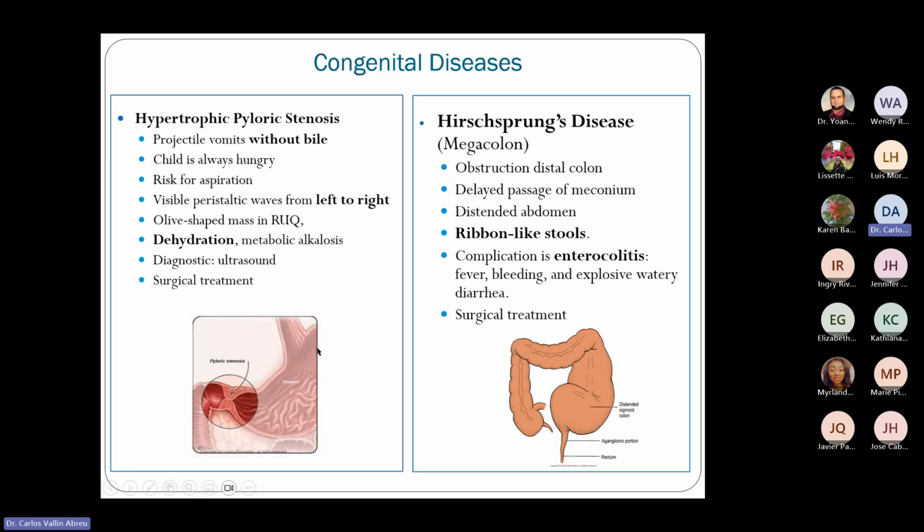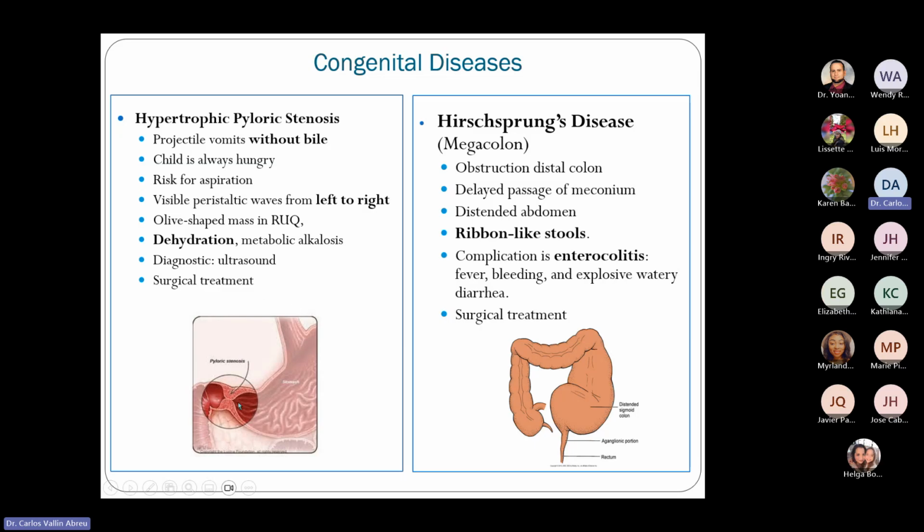Of course, the child is going to dehydrate and is going to be hungry all the time, and doctors will examine the child and notice the presence of this mass in the pyloric valve that can be palpated above and to the right of the umbilicus, like an olive-shaped mass, and with an ultrasound, which is the gold standard to diagnose that, they confirm the hypertrophy of the pyloric valve.